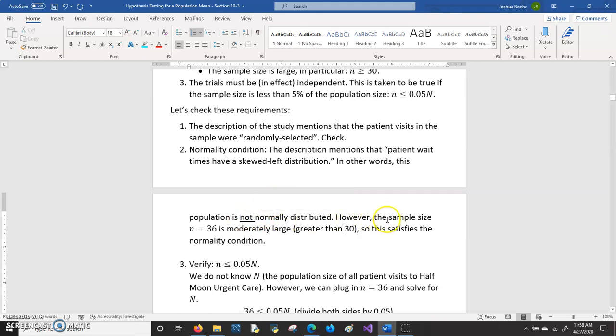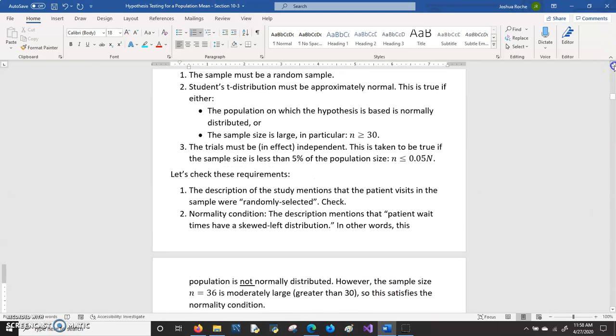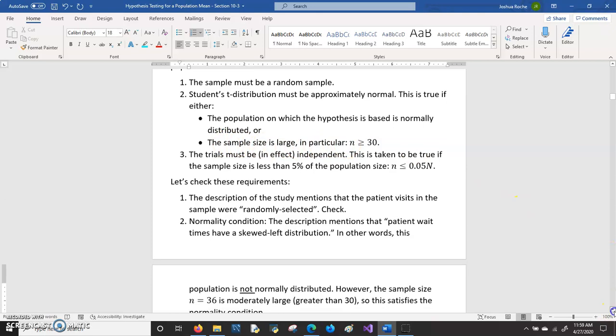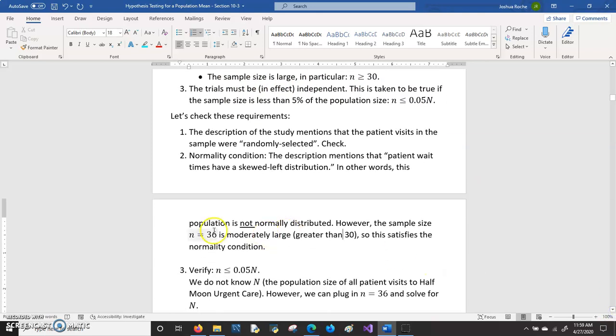But that's okay, because in this second requirement, either one of these can be true. So in this case, this is not true. The population is not normal, but we do have a pretty large sample size. The sample size is 36, that's more than 30, and so we're satisfying that condition.